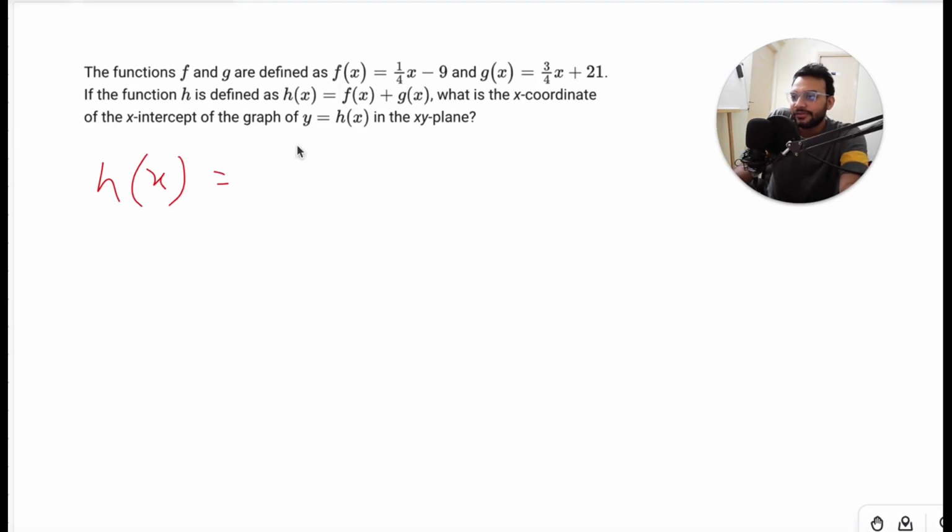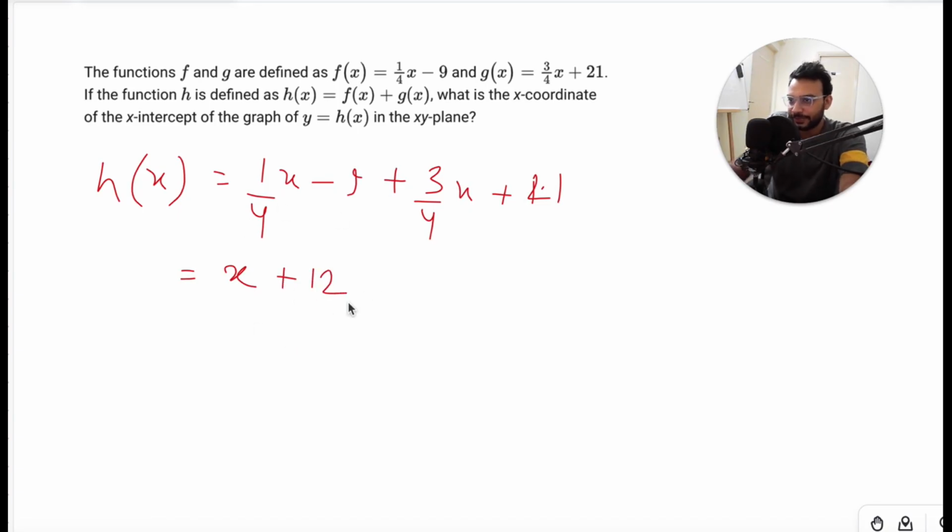So that's f of x plus g of x. So 1 over 4x minus 9 plus 3 over 4x plus 21. So this is going to be 1 over 4 plus 3 over 4, that's 4 over 4, or x simply. Minus 9 plus 21, that's 12, plus 12, x plus 12. Y is equal to x plus 12.